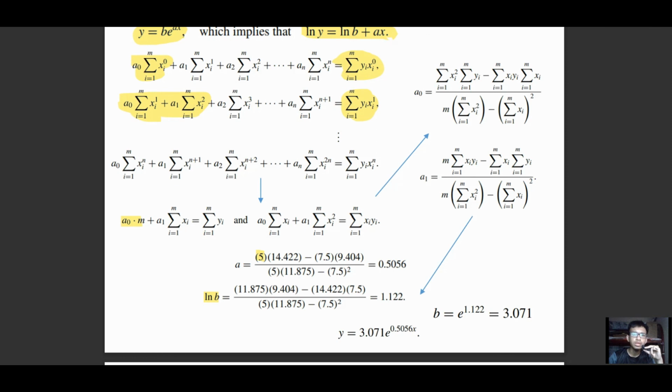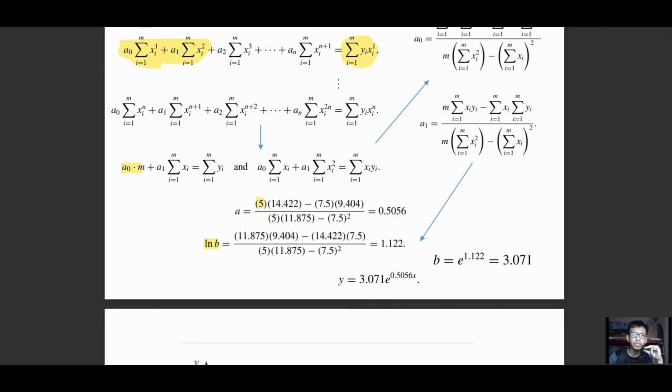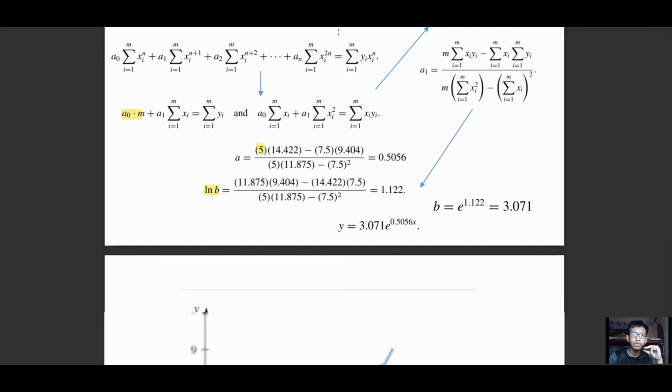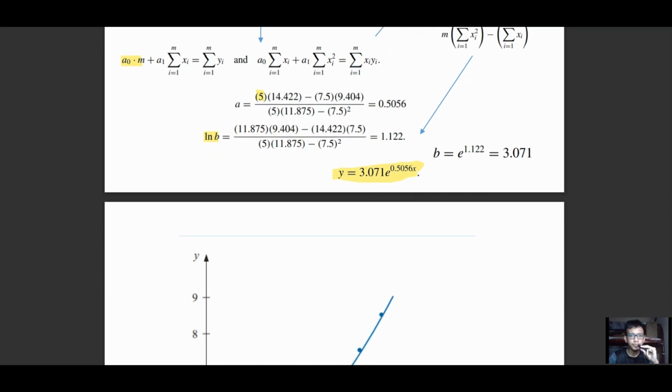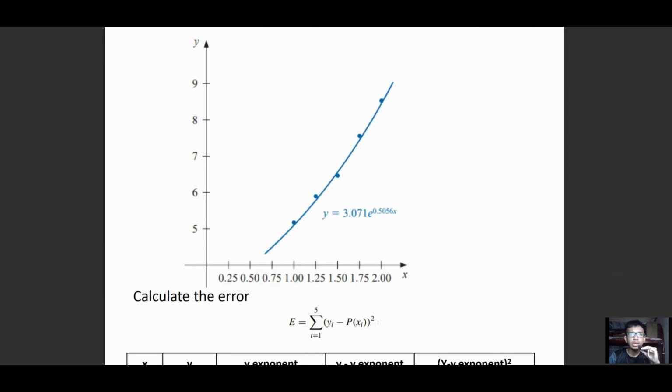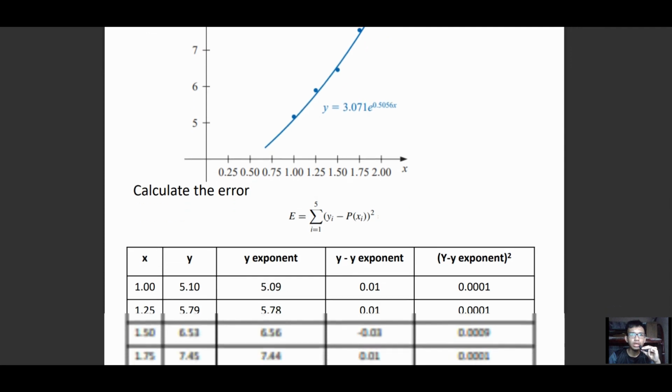And then when we want to find b, we neutralize the ln with the exponent, and we then result in this value here, and then we substitute again inside our polynomial. So this is the result. This is our exponential function, and then we plot the graph. It is displayed right here, and calculate the error.